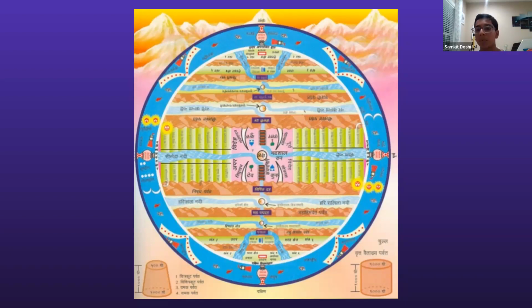If we collect enough punya karma in this life or eradicate enough pap karma in this life, we might get a chance to be reborn in Mahavideh, where, for example, Simandar Swami exists right now. The environment for us to liberate ourselves exists right now. We might even be able to be reborn in heaven, not even in Madhyalok, in Devlok, where when we are reborn as humans, it'll be the next half-time cycle, and Tirthankars could exist again in the third and fourth ara.